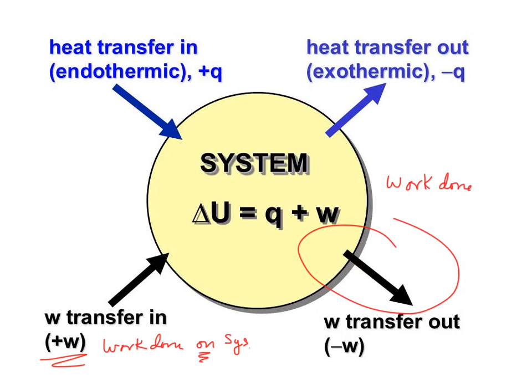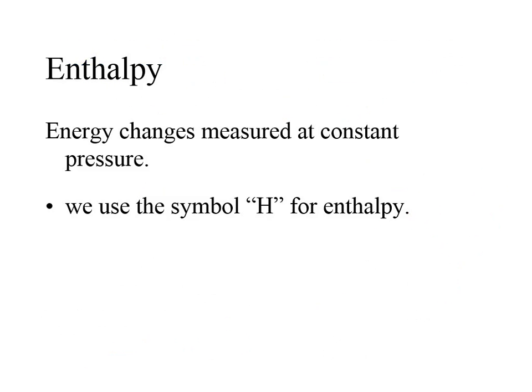It's done by the system on the surroundings. And if it's work done by the system, this makes sense. It's actually going to be, the W term will be negative. So exothermic, work done by the system, we have negative terms. Okay, endothermic, work done on the system, we have positive terms. Whew, all right then.